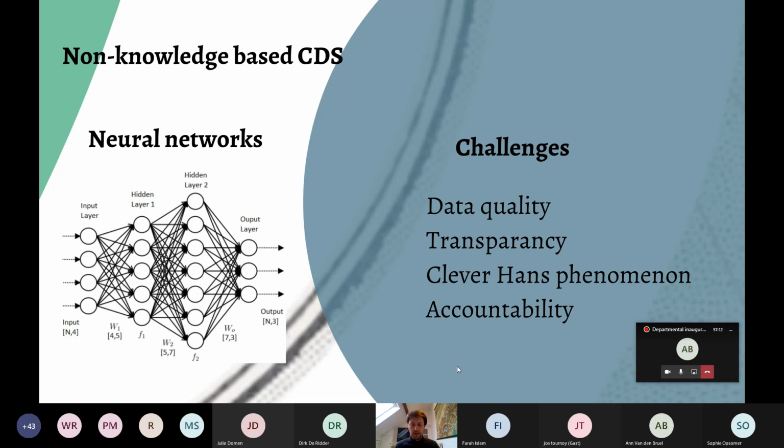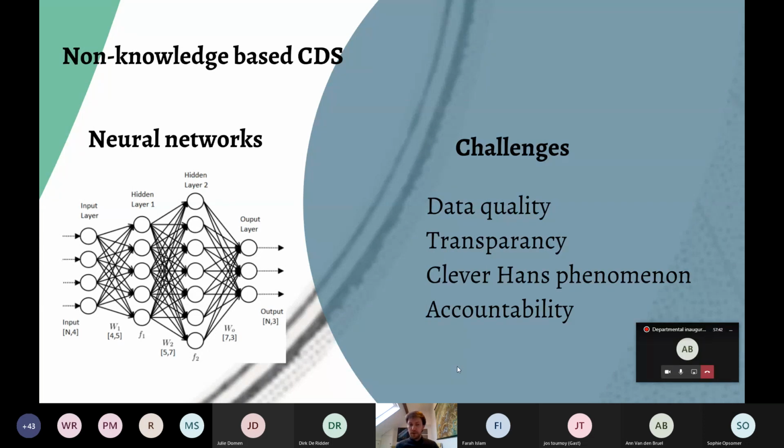And here the use case was, I think it was the Mayo Clinic, that had developed an algorithm based on neural networks to try and identify high-risk patients based on chest X-rays. And this neural network was unbelievably good at identifying patients who were admitted to the ICU versus patients who weren't admitted to the ICU. But when they tried this neural network in different hospitals, it failed completely.